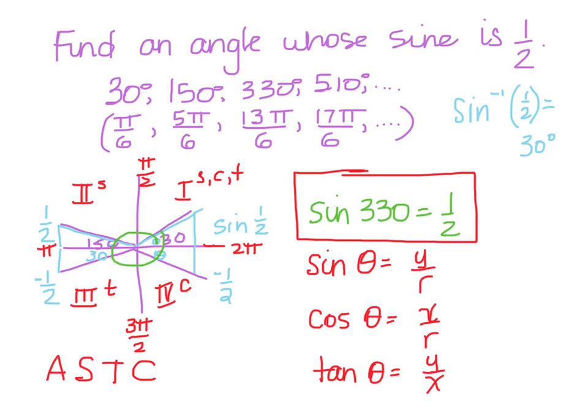When I'm asking for inverse sine of 1/2, I'm typically restricting myself to quadrant 1 and quadrant 4, because this is where my sine goes from 0 to 0, taking in all the positive and all the negative values. So sine is usually restricted from negative pi over 2 to pi over 2.